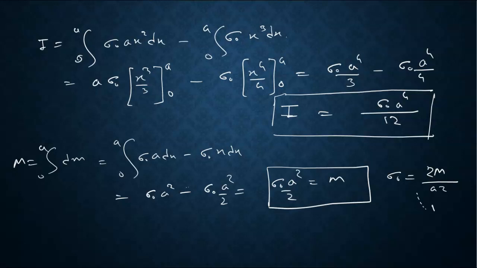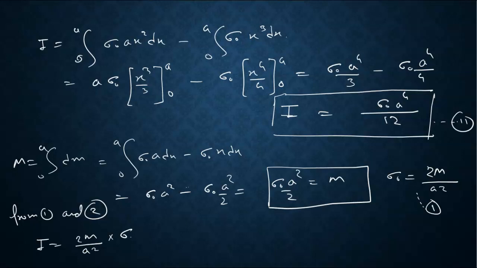Now put this sigma naught in this equation. From 1 and 2 we get I equals 2m by a square into sigma naught, sorry, a to the 4 by 12.